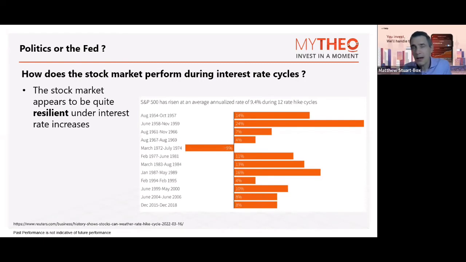However, obviously the reality is the Fed lives in a political environment just like anybody else. And they will be under perhaps more scrutiny, more pressure with a Republican Congress than perhaps they've had so far under a Democrat, or at least a semi-Democrat Congress.